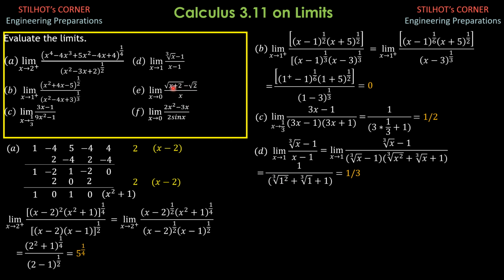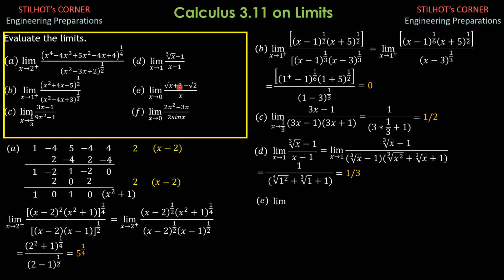Part E, so we factor the numerator. We multiply this by the conjugate of the numerator and divide by the same. So limit as x approaches 0, the numerator is 0 plus 2, square root of 2, minus square root of 2, approaching 0. The denominator approaches 0 also as x approaches 0.